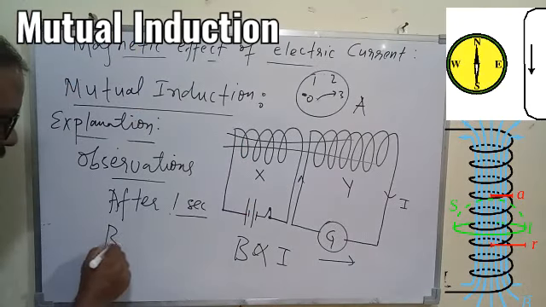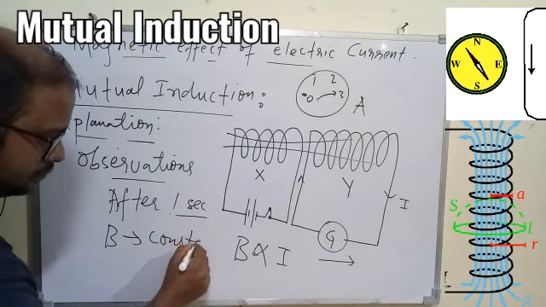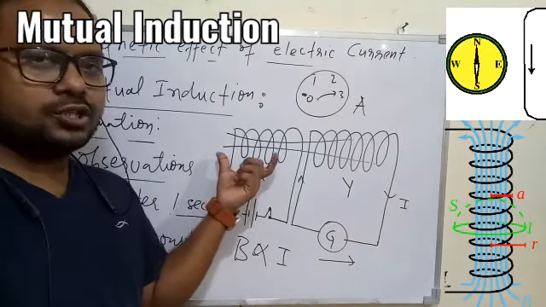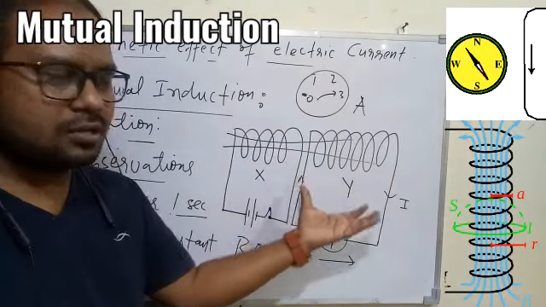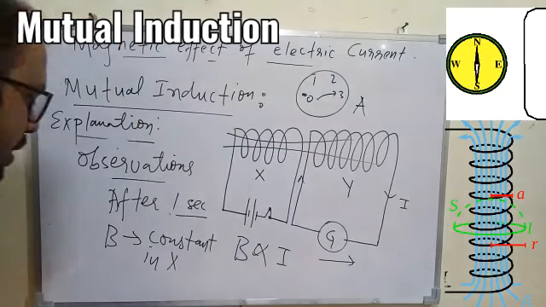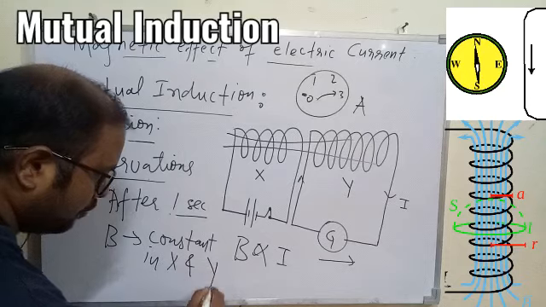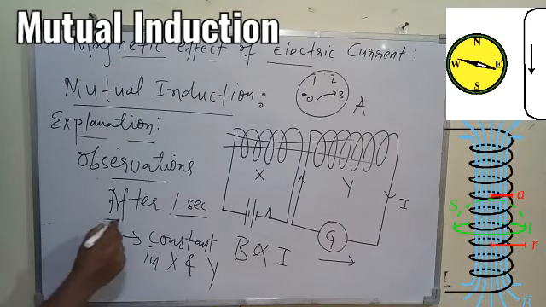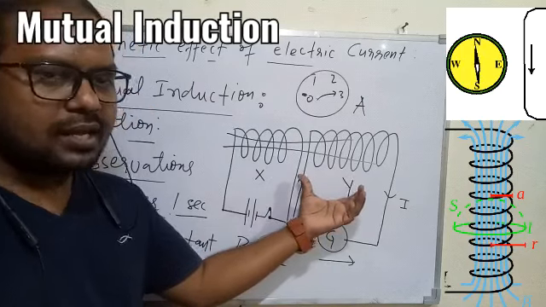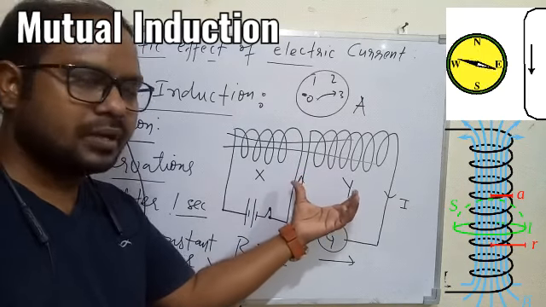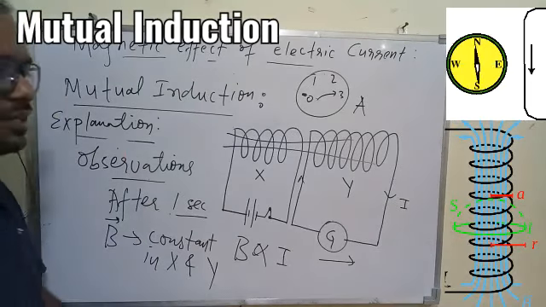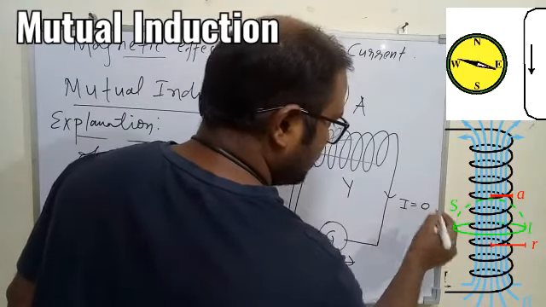So now B is constant in X, and since the magnetic field is constant in X, Y will also have a constant magnetic field, or we can say there is no change in magnetic field in Y. So in both the magnetic field or the flux will be constant, and since there is no change in the magnetic flux, it will come to 0.